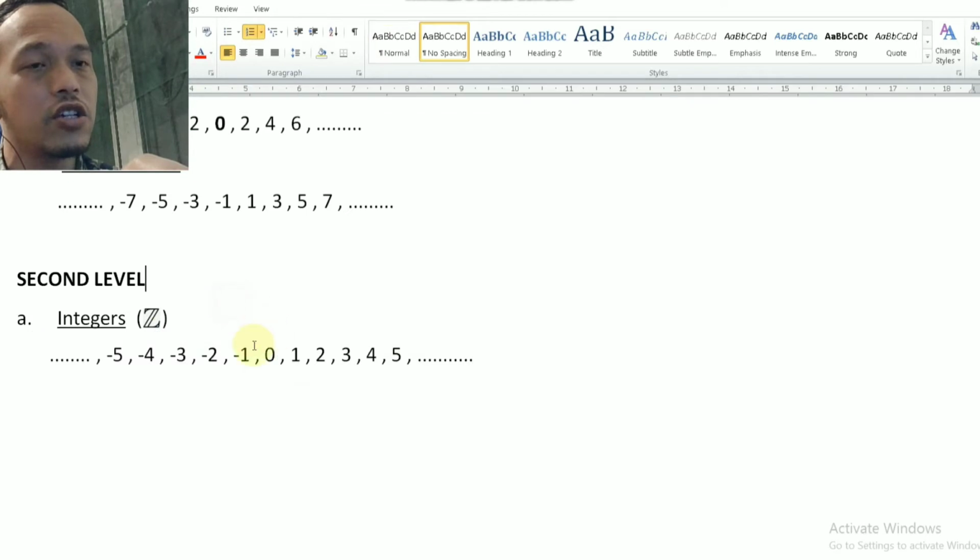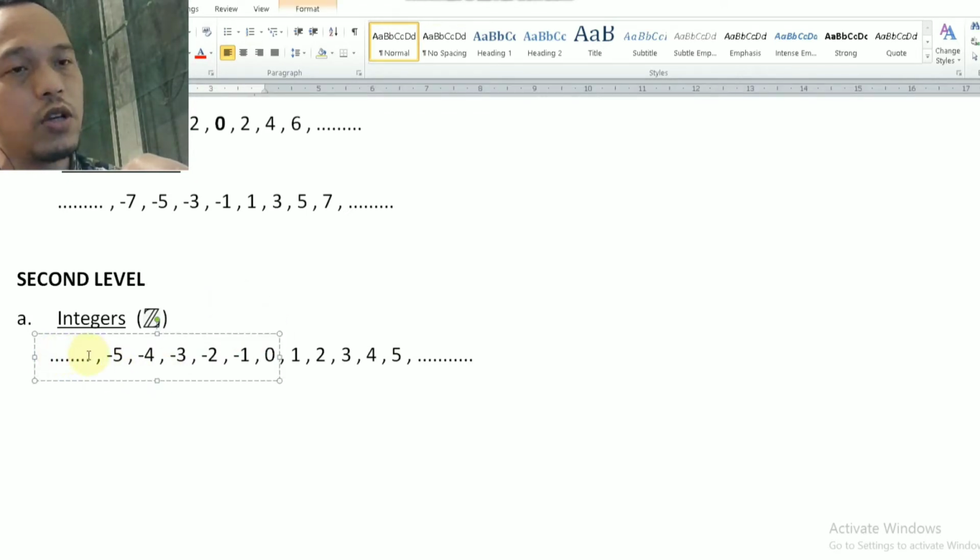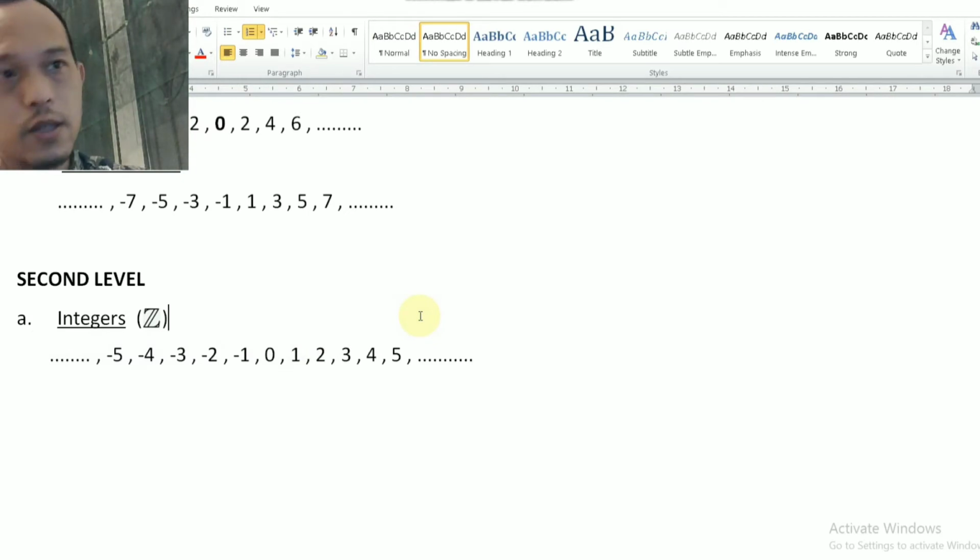So integers include all of these numbers, both on the negative side and the positive side, continuously going bigger and bigger or going to the extreme negative. As long as it's not decimals, as long as it is counting numbers, their opposites, and 0, they are all integers.